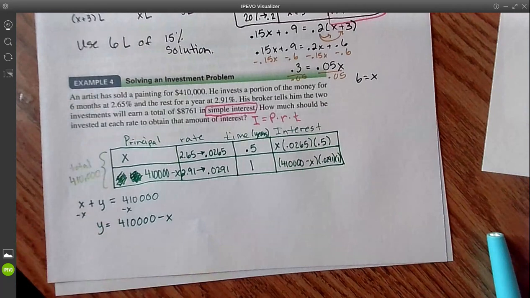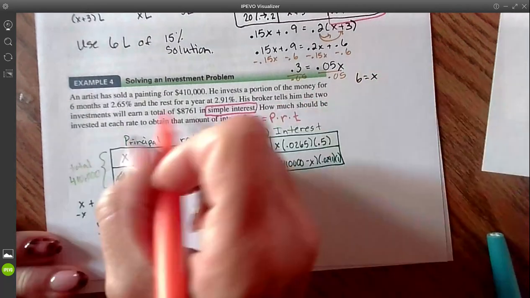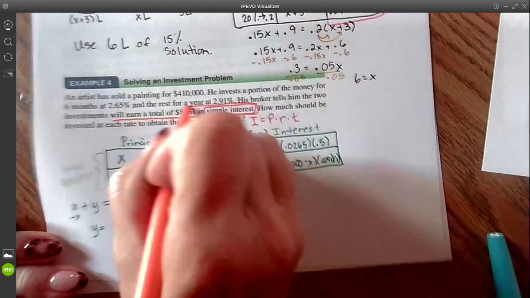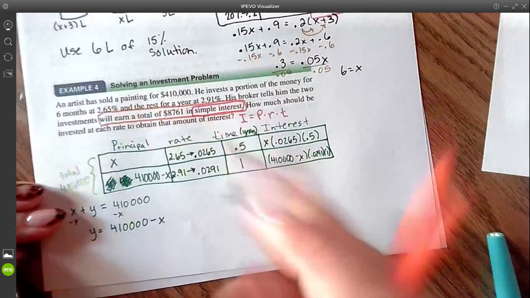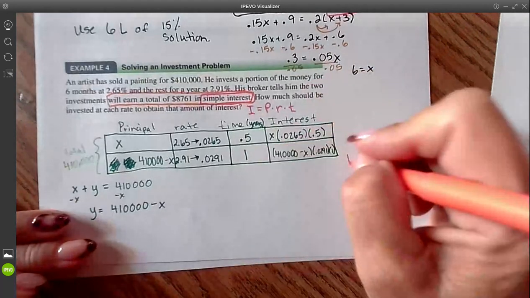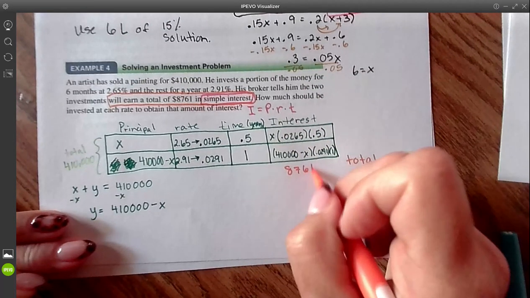And then here's what I know about my interest. His broker tells him the two investments will earn a total of $8,761 in simple interest. So my total interest is $8,761.